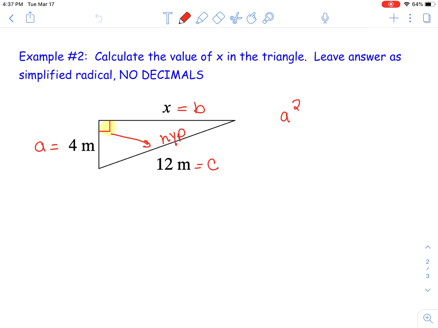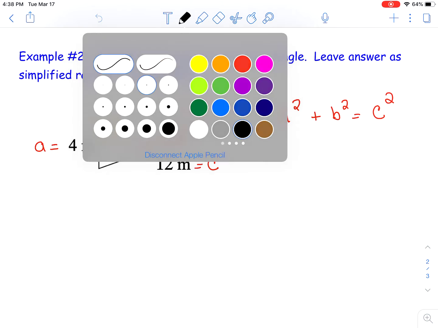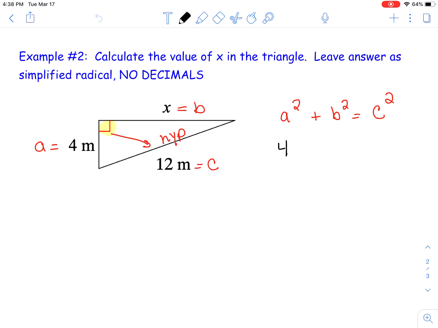So we're going to use a squared plus b squared equals c squared. So 4 squared plus x squared equals 12 squared. I'm going to get 16 plus x squared equals 144.